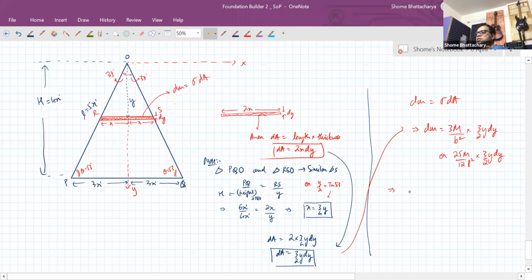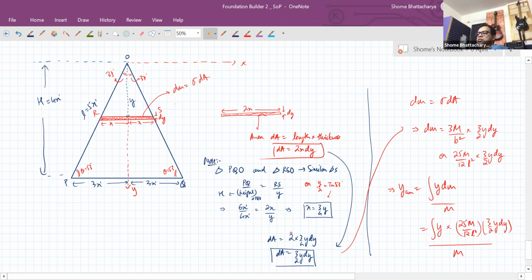So the y coordinate of the center of mass is integration y dm divided by total mass. So that is integration of y into this factor, from y equal to 0 to y equal to how much?